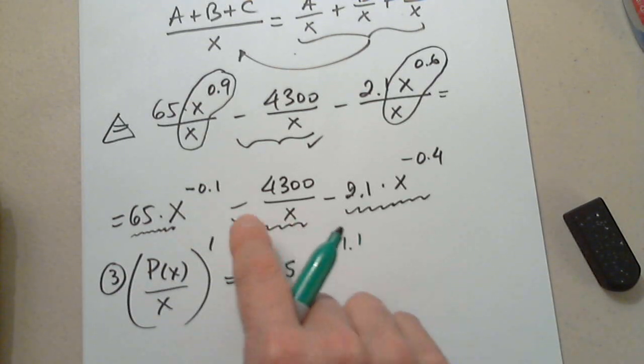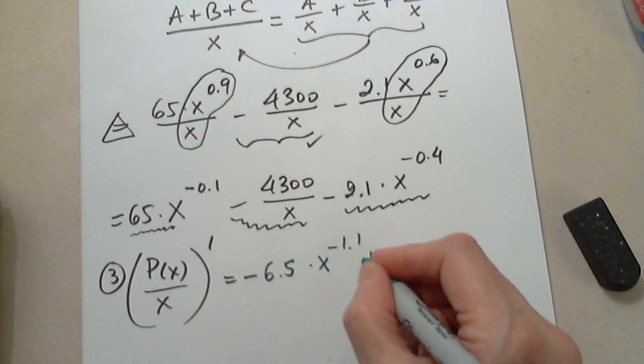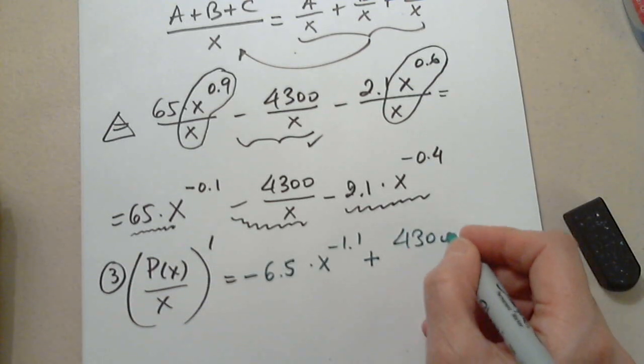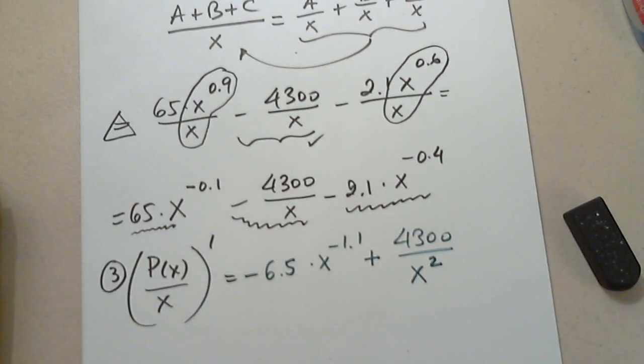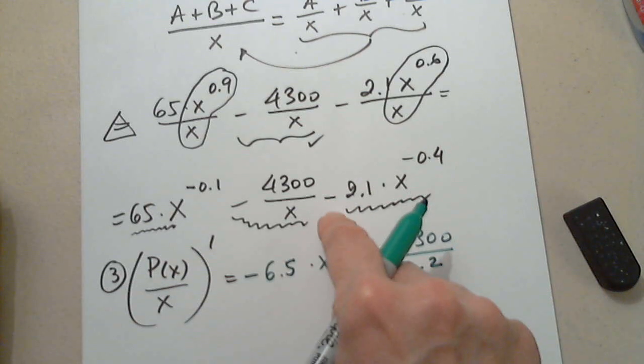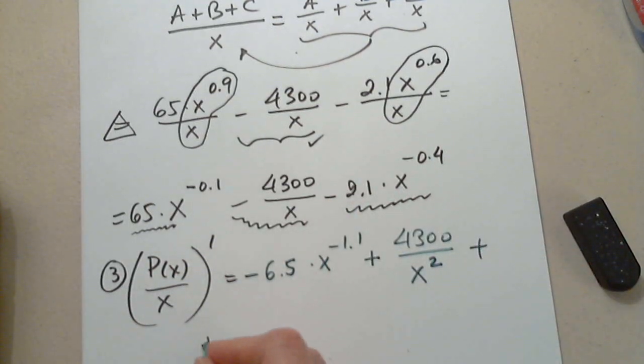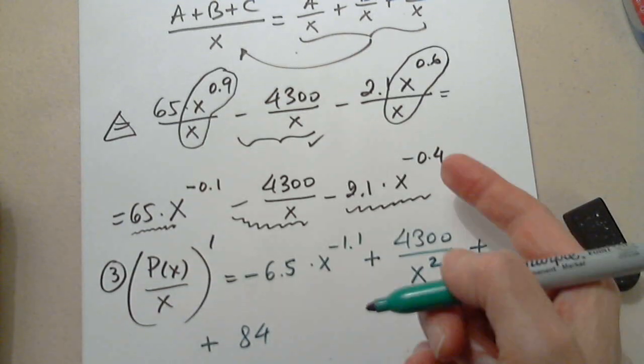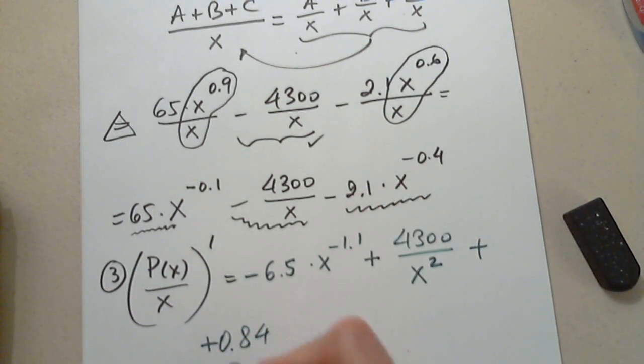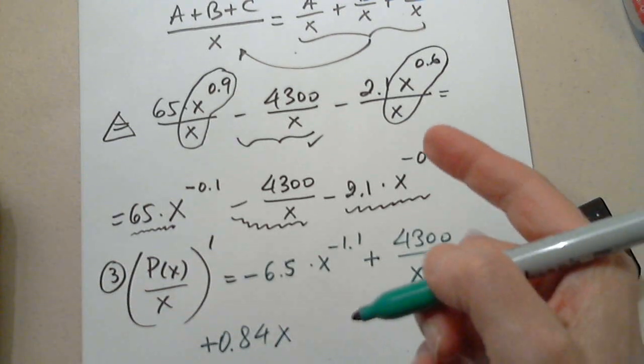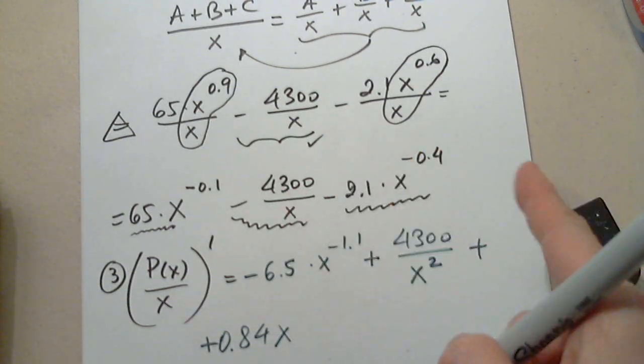We reviewed the formula today, but this is minus, so I have to put plus 4300 over x squared. Bring down negative 0.4, and I have plus, that would be 0.84, and I have 2 decimals, and x to negative 0.4 minus 1.